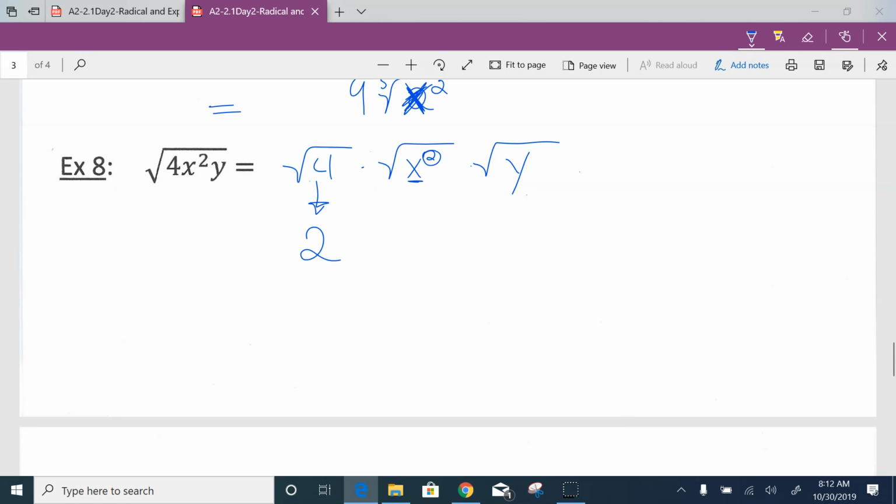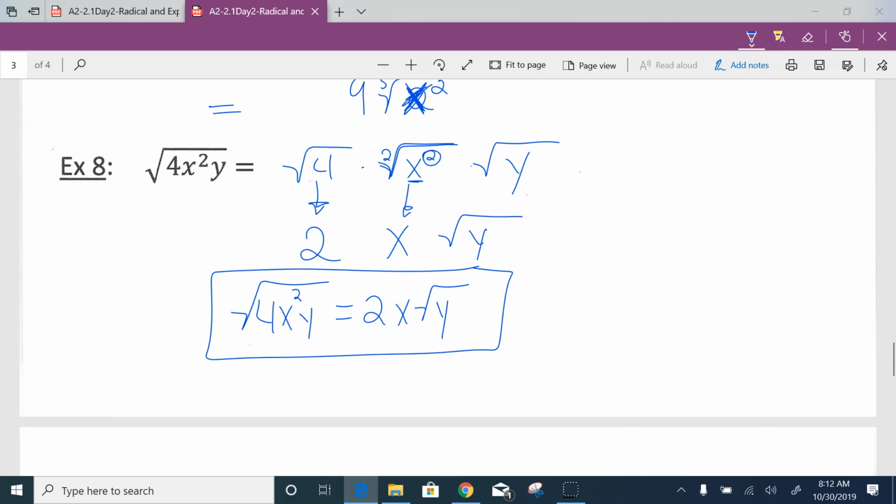When you have squaring and square rooting of the same value, because that's really a 2, it's just invisible there, they cancel each other out, and you're just left with whatever's in the house, in this case an x. I don't know what y is, so that just stays square root of y. So to condense my final answer, I would say the square root of 4x squared y equals 2x times the square root of y.